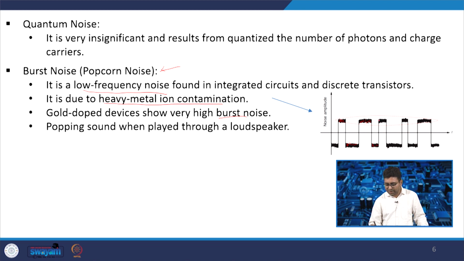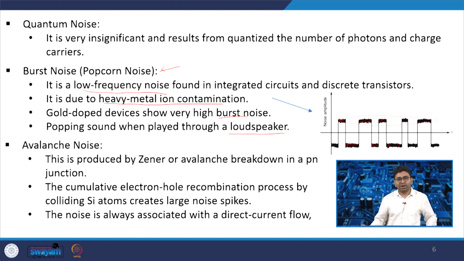If you try to play it on a loudspeaker, because it is in the frequency range of the audio signal, it will sound like a popping sound, and that is why it is also known as popcorn noise. So, at low frequency this also dominates, and when you plot this on the oscilloscope you will get a waveform like this.